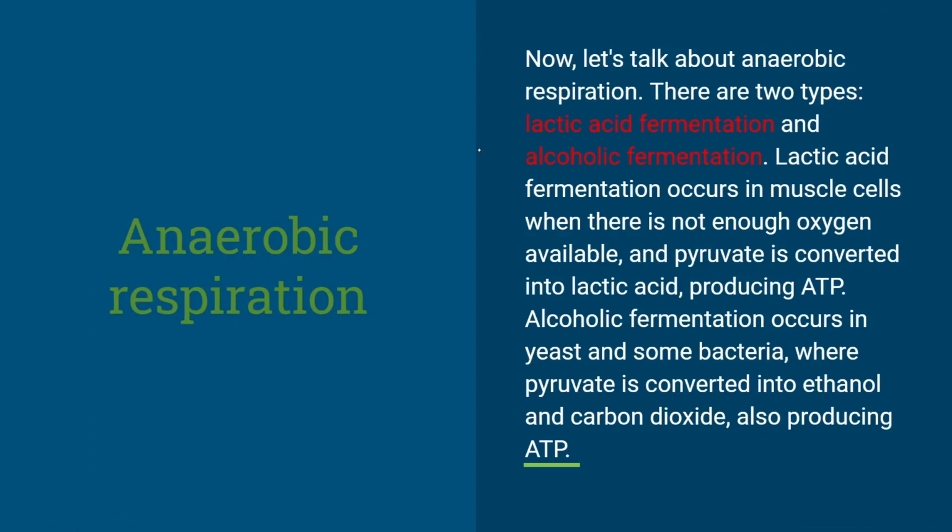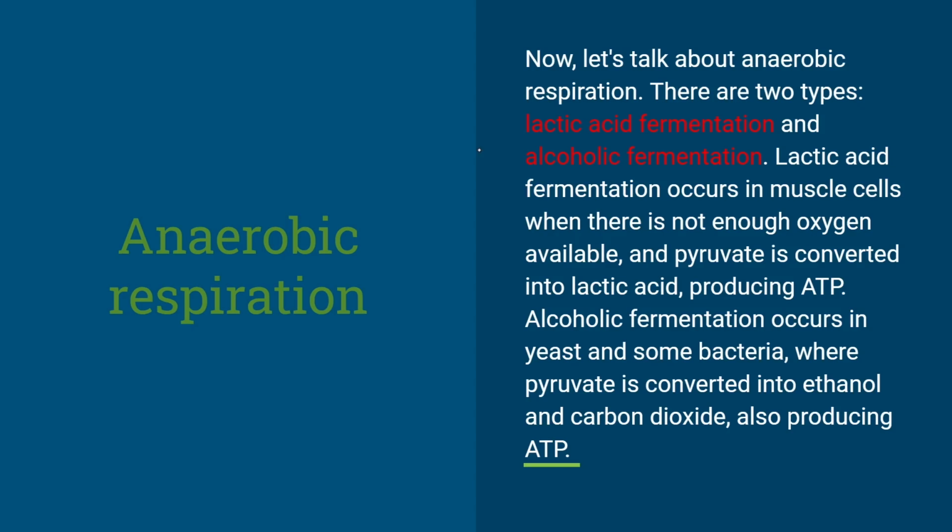So anaerobic respiration. Okay, now let's talk about anaerobic respiration. There are two types: lactic acid fermentation and alcoholic fermentation. Lactic acid fermentation occurs in muscles when there is not enough oxygen available, and pyruvate is converted into lactic acid, producing ATP.